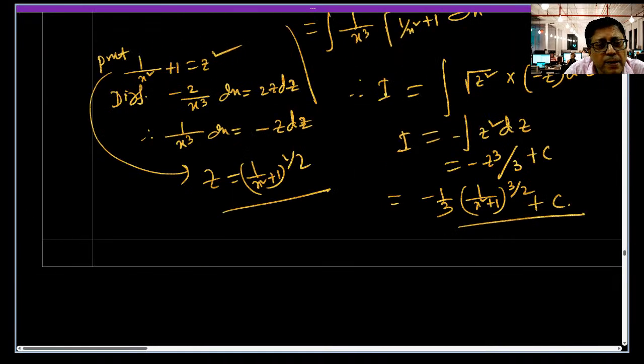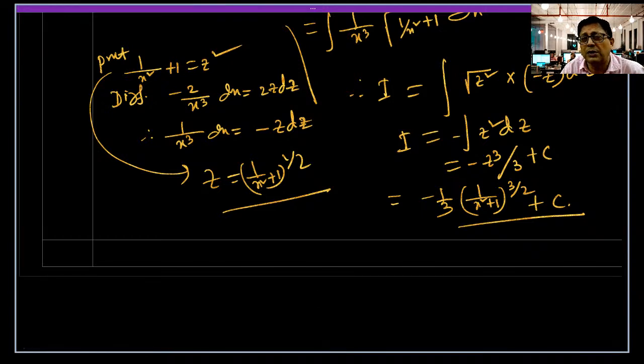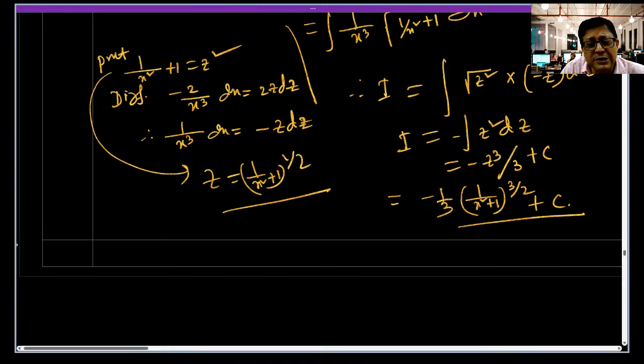Clear? So I am ending integration by substitution here. Okay? Because I have discussed all the types of sums given in your textbooks. 3 books I told repeatedly, that is NCERT support material, R.D. Sharma and M.L. Agarwal.